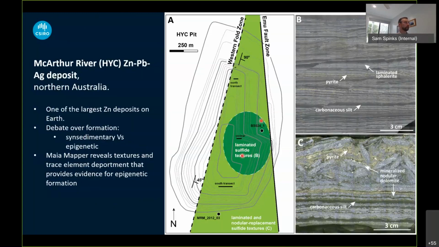And I'll be exploring some different aspects of the ore material in terms of textural criteria and also trace element deportment, which the Maia mapper is very, very good at picking up.